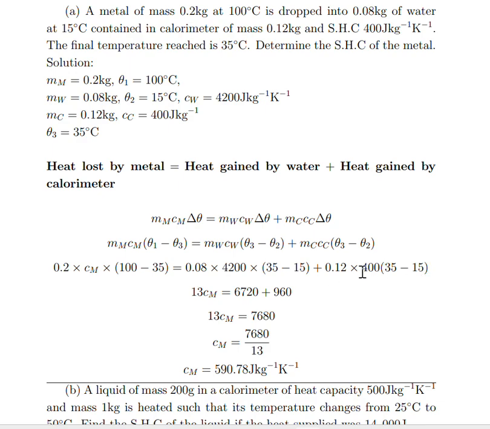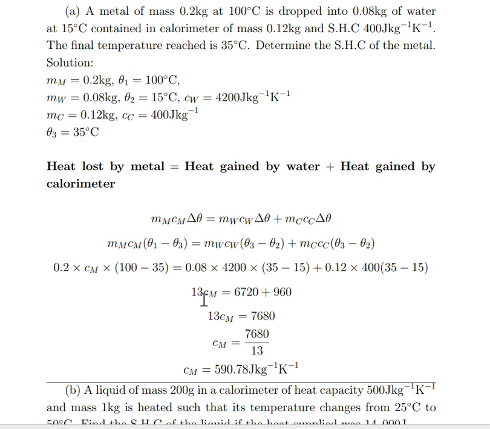After substitution and summing up, the right hand side gives us 6,720 plus 960, and when you add up, it gives us 7,680. Then on the left hand side, the product of 0.2 times what we remain with, which is 65. So 0.2 times 65 leaves us with 13.